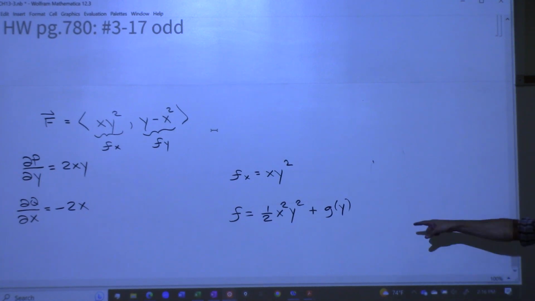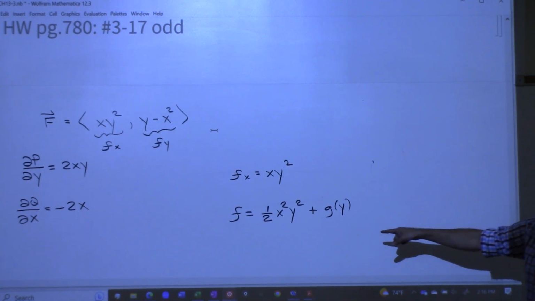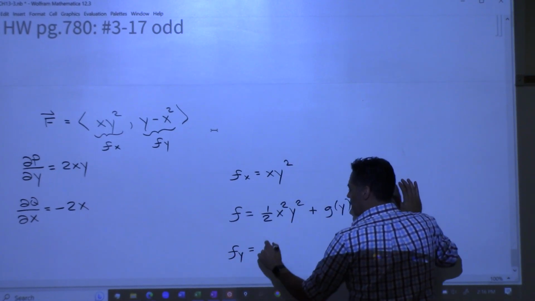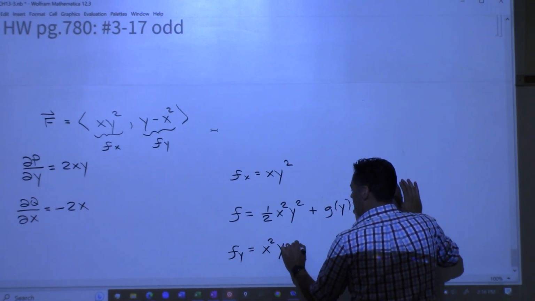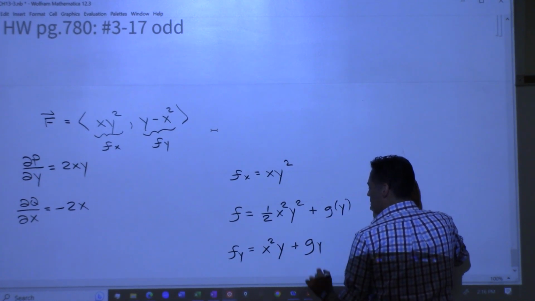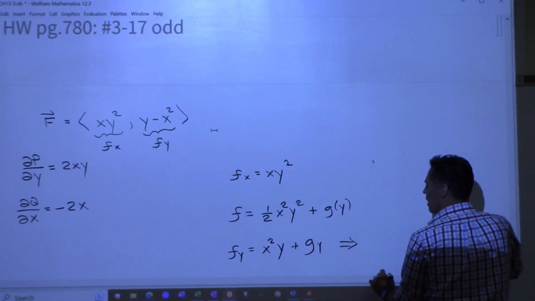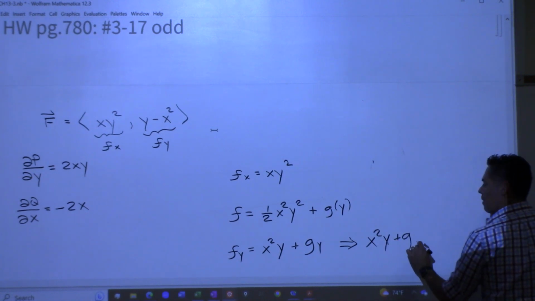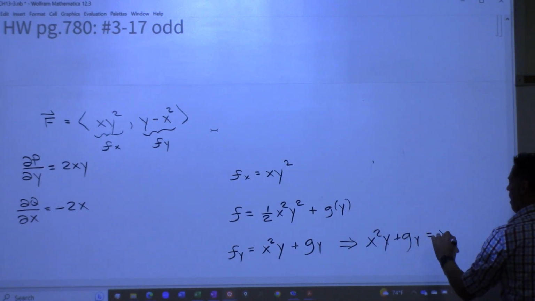Now differentiate that real quick with respect to y. The derivative of this with respect to y is x squared y plus whatever the derivative of g is with respect to y, but we would need that to be equal to what's up there, y minus x squared.